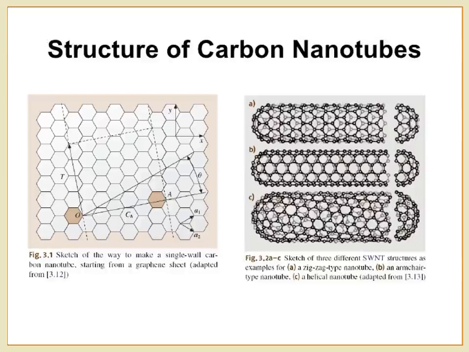Carbon monoxide is prepared by the reaction of carbon with a limited amount of oxygen. On an industrial scale, it is produced by the reaction of carbon with air, so carbon and oxygen form CO, carbon monoxide.